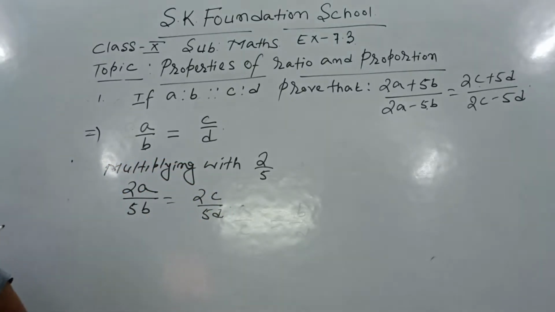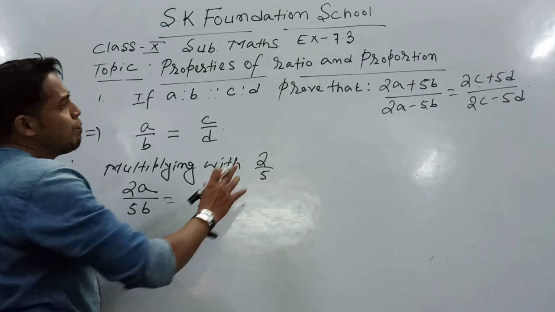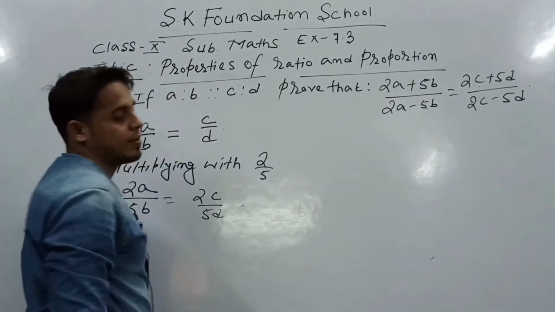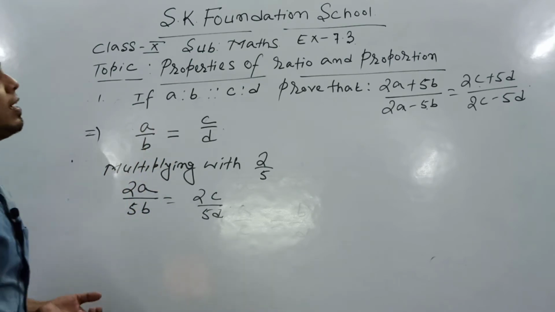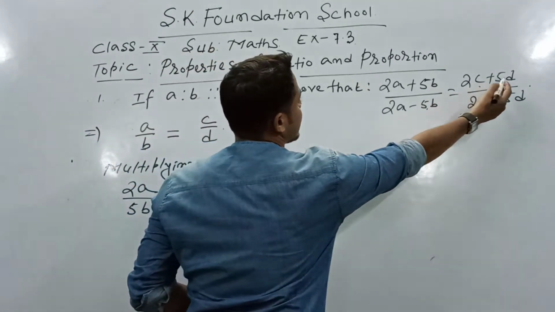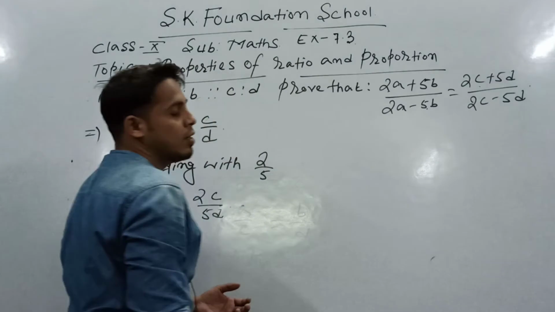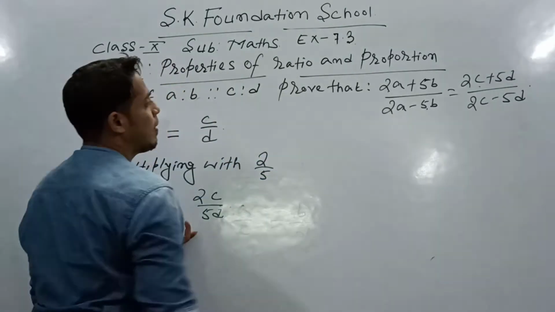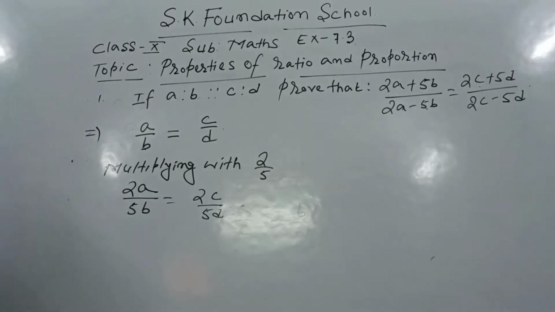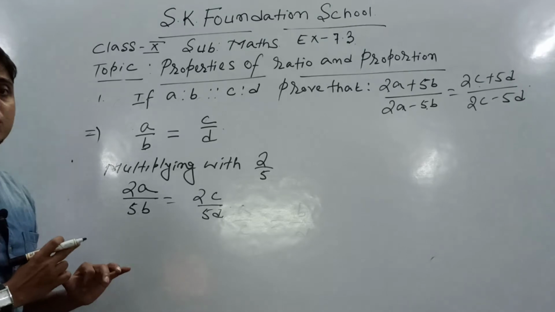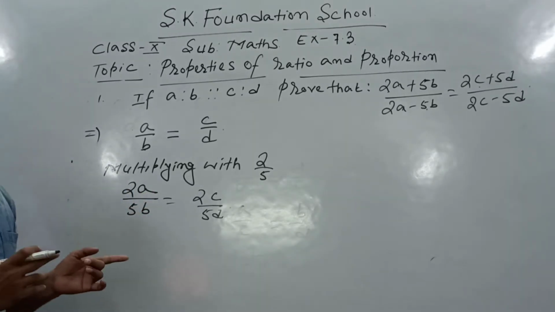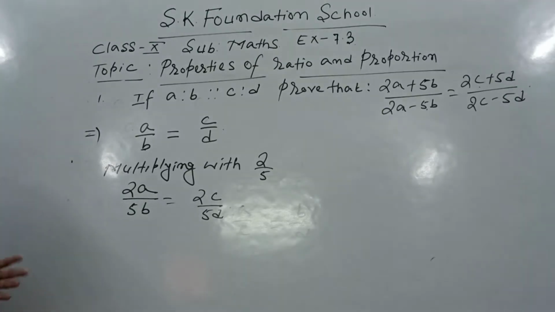Now we are going to prove 2A plus 5B by 2A minus 5B on the left hand side, and 2C plus 5D by 2C minus 5D on the right hand side. So how do we convert from this expression to this expression? We already know there are three properties in ratio proportion. One is invertendo, that means numerator and denominator are reciprocal, totally changed, right?